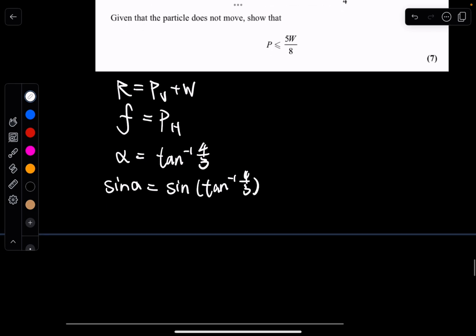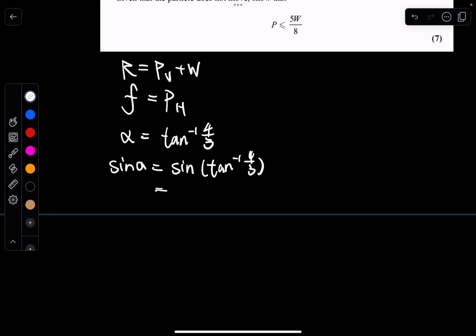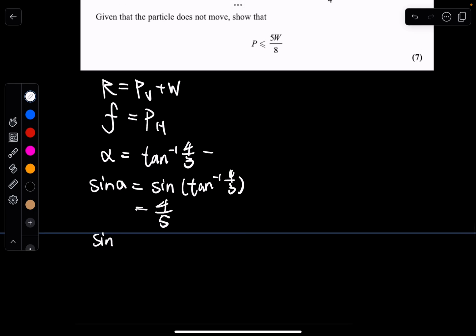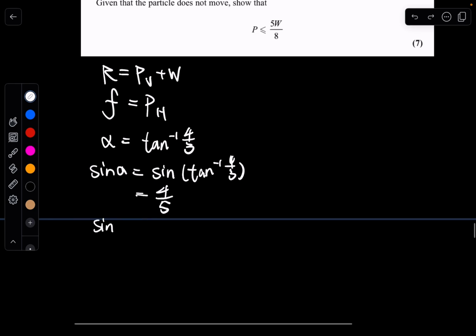If we sine both sides, then you would probably get this. Now don't do it this way. Don't compute this. Like, don't plug in calculator tangent -1 4/3. You have to plug in sine of tangent -1 4/3.